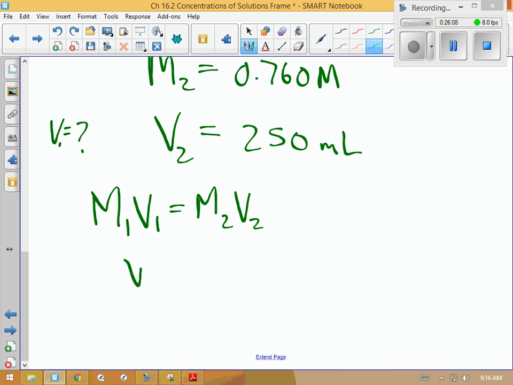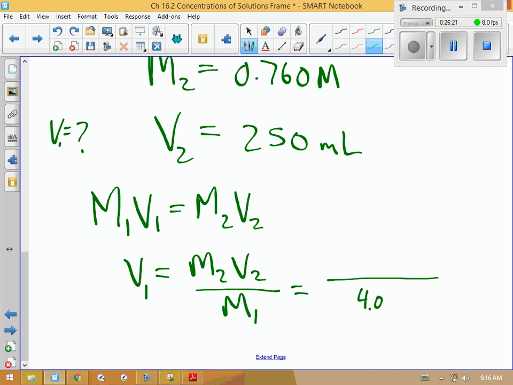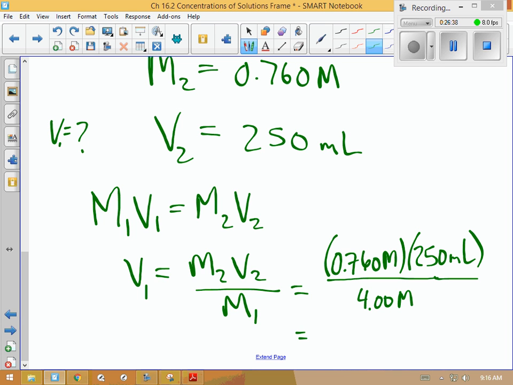So we're going to solve for volume 1 first by dividing both sides by molarity 1. Then we're going to substitute. Our initial molarity is 4.0 molar, and we're trying to get to 0.760 molar. And the volume is 250 milliliters. And it is a plug and chug.